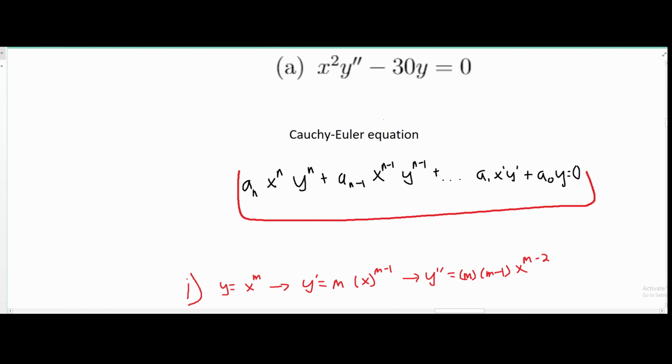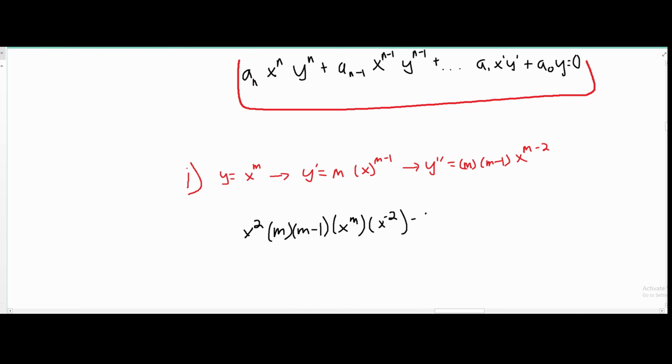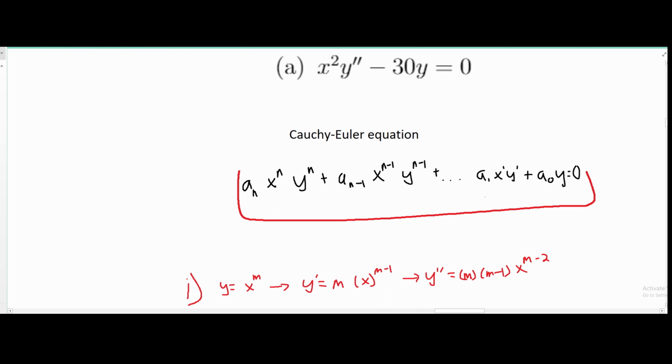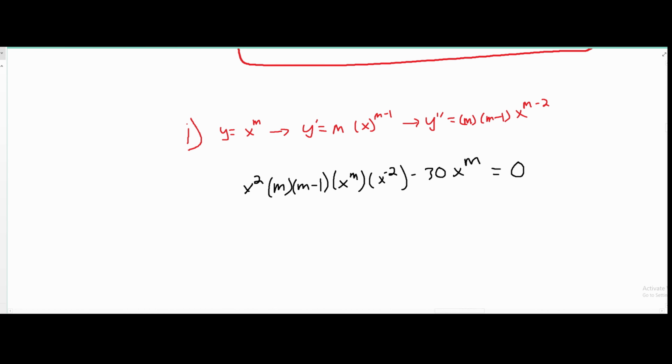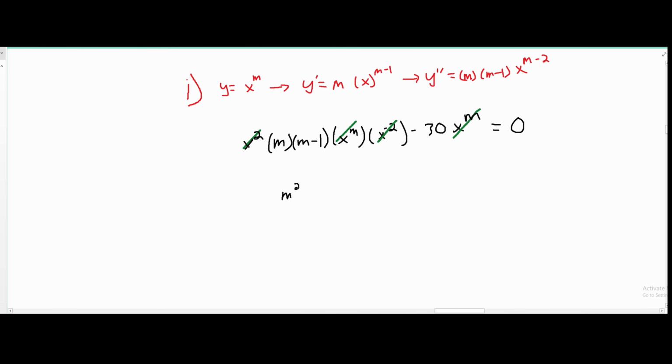And then next we have minus 30y, so minus 30x to the m is equal to 0. Now that we have this, we can cancel out our x to the m's. We're really dividing everything by x to the m, and since the right side is 0, it is still 0. And this x squared and this x to the negative 2 cancel out, so we're just going to be left with m squared minus m minus 30 is equal to 0.